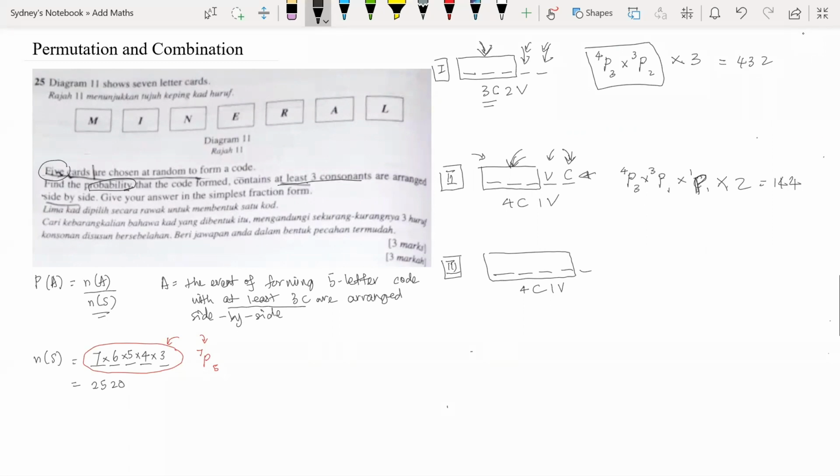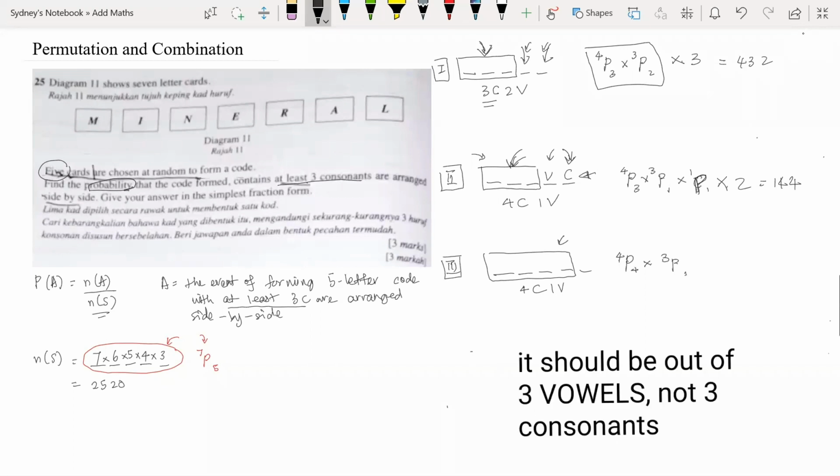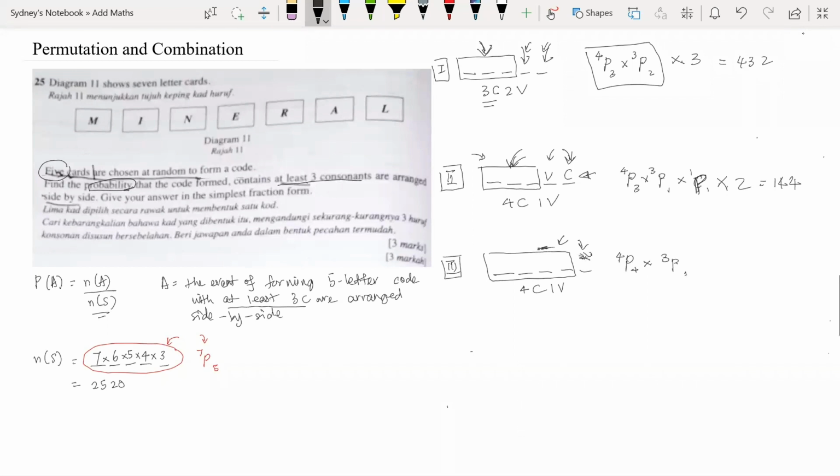That will be 144. The last case scenario is the 4 consonants, where we take all and permute them in this position, 4P4, followed by the vowel, where we just need to permute 1. As for this position, these two items can swap place, so this thing will happen twice. So we take 4P4 times 3P1, and then times 2.